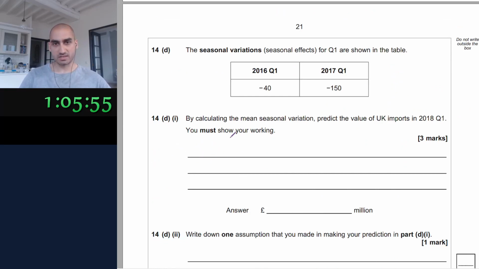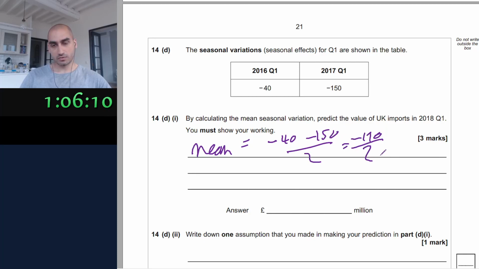We've only got 2 pieces of data, that's fine. Mean equals minus 40 minus 150 over 2, equals minus 190 over 2, equals minus 95.